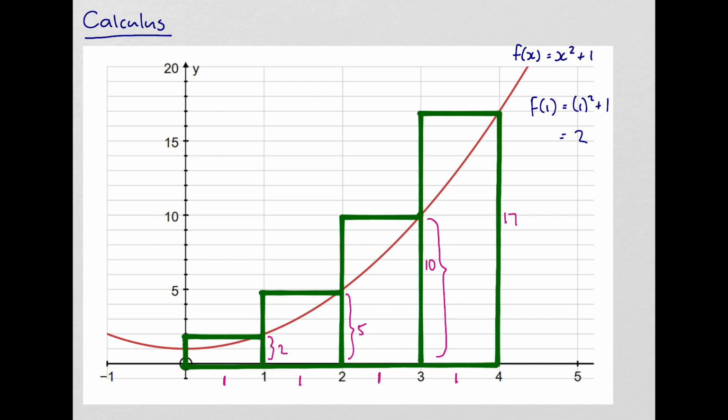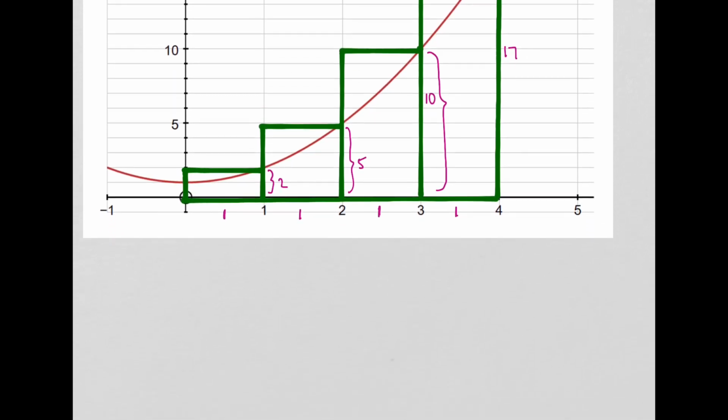So what does this mean? This means that we can now work out the areas of each of these rectangles. The areas of the total 4 rectangles would be given as, working from the left, looking at this rectangle first, the breadth is 1 times the height, sorry, 2, not 3.